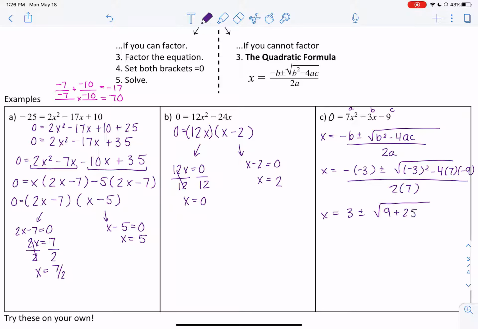That gives us plus 252 all over 14. Because of that plus minus sign, this is actually two equations in one. We'll have x equals 3 plus the square root of 261 all over 14, and x equals 3 minus the square root of 261 all over 14.